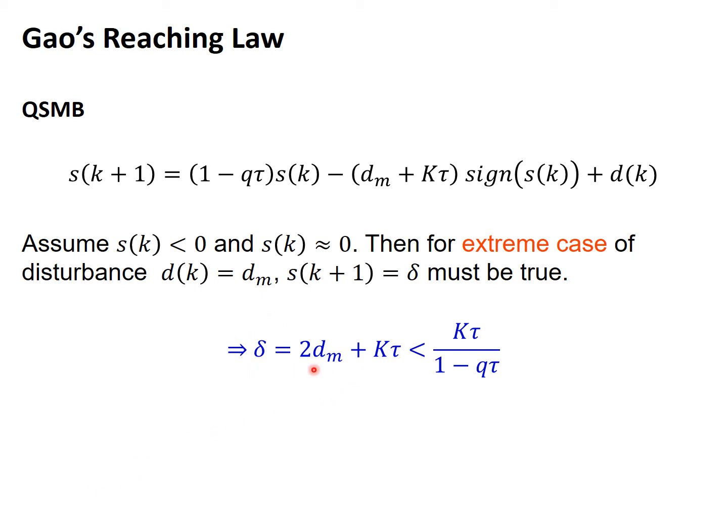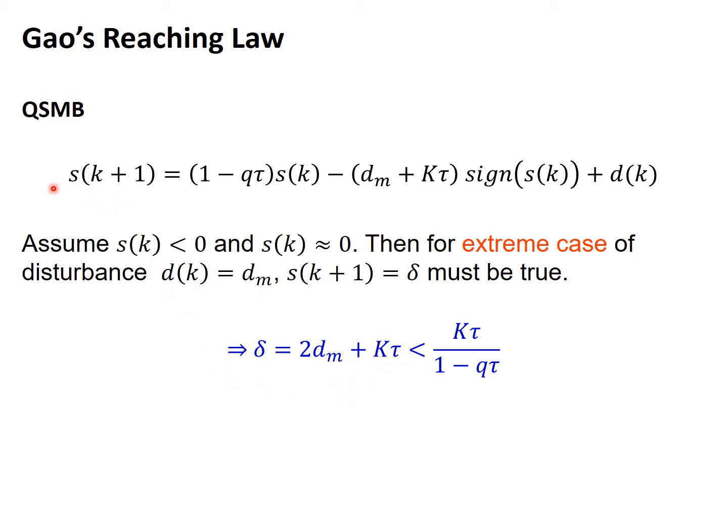One thing to note: the ultimate band is also related to the bound of the uncertainty, and it is more than twice the bound of the uncertainty. It's 2 dm plus k tau, obviously more than 2 dm. How much more will be decided by your k value.